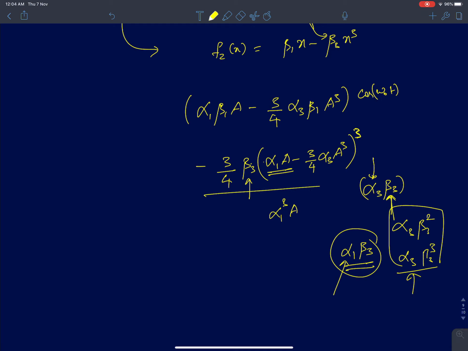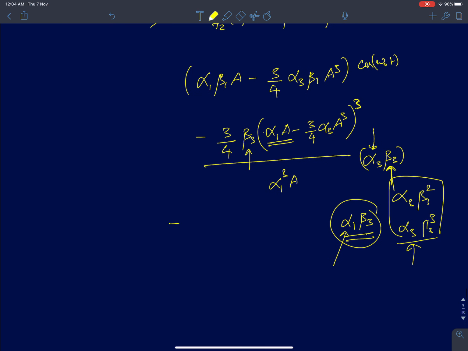So in this expression, I'll only consider one term, which is 3 by 4 beta 3 alpha 1 cube into A cube. This is the only term that will actually matter. There are a lot of other terms. I'm ignoring all the terms which contain products of alpha 3 into beta 3, because they are generally much smaller, because they are a product of two nonlinear coefficients, which will be smaller for a reasonably linear amplifier.